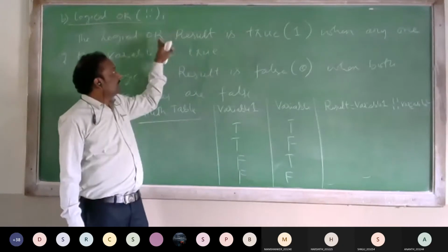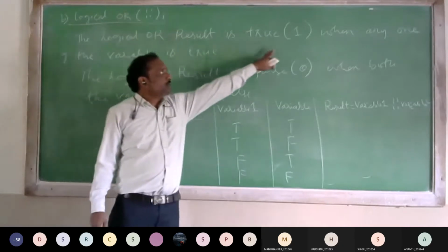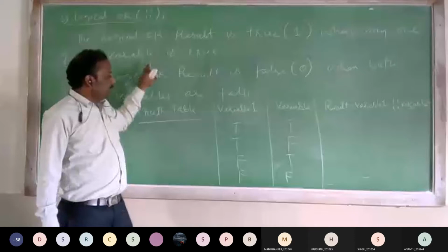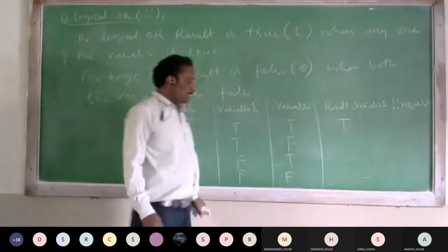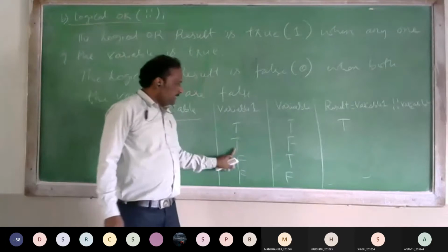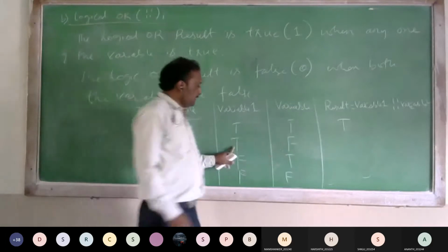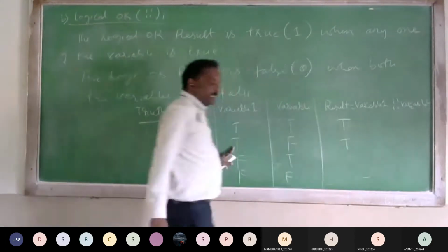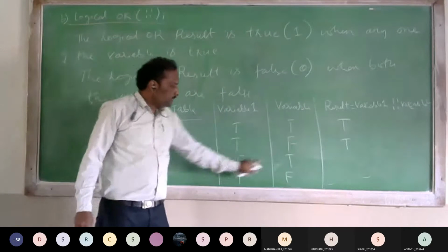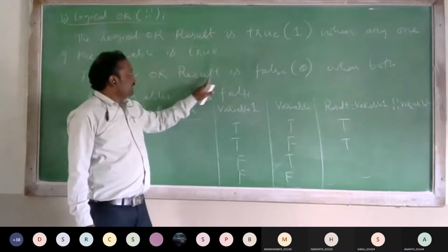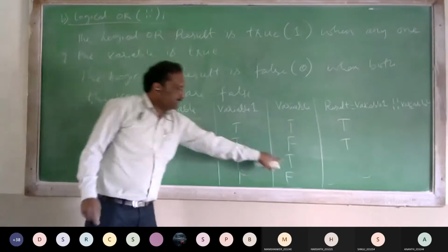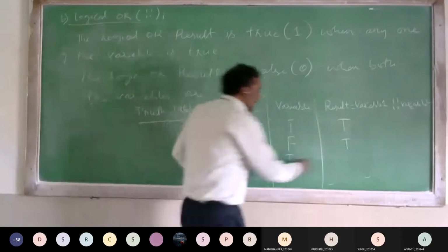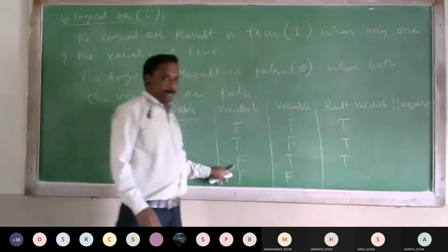Now, according to the definition, logical OR result is true when any one of the variables is true. Here both are true, so the result will be true. Here, this one is true, this one is false. Since it is true, the result is true. Here, this one is false, this one is true, so the result is true.